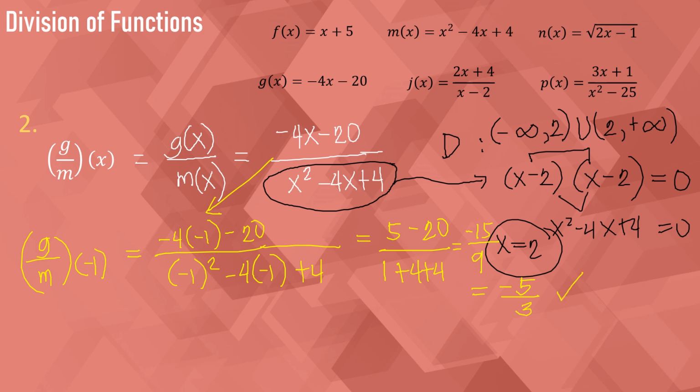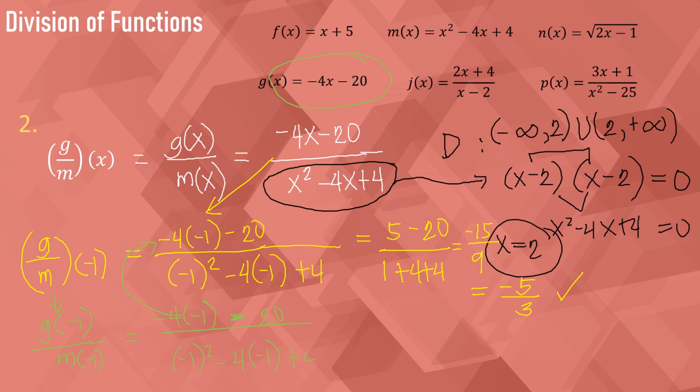If you are interested to know the second way, remember that g over m of -1 is actually equal to g of -1 over m of -1. So we evaluate g of -1 with the use of the function here. It's just following the same way as before. Then we have here m of -1, which is still the same.